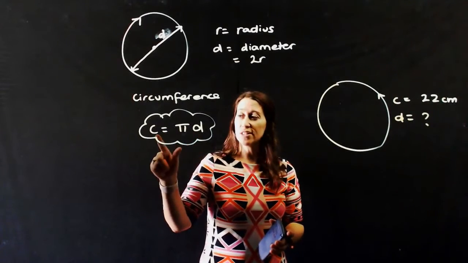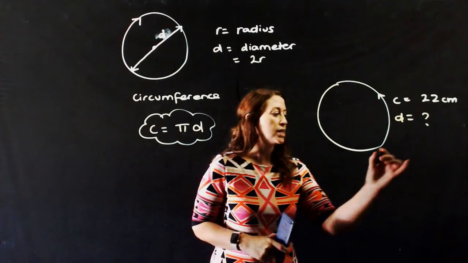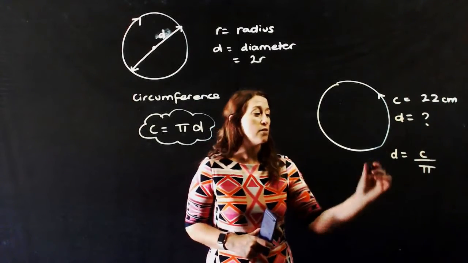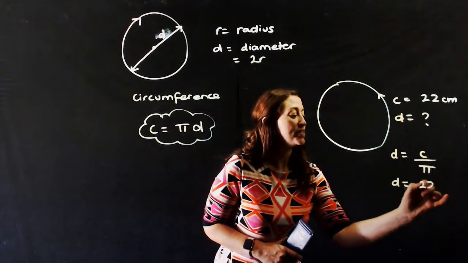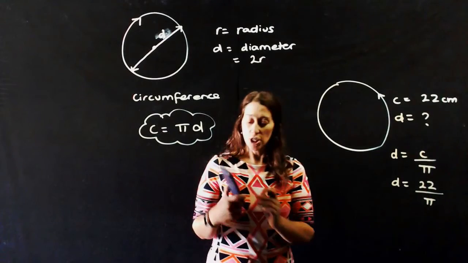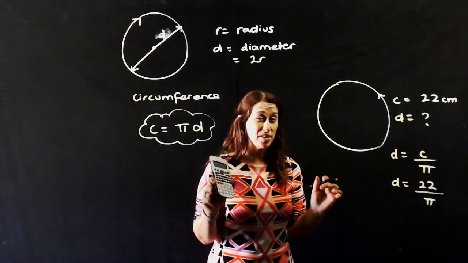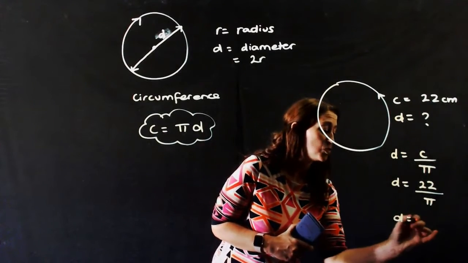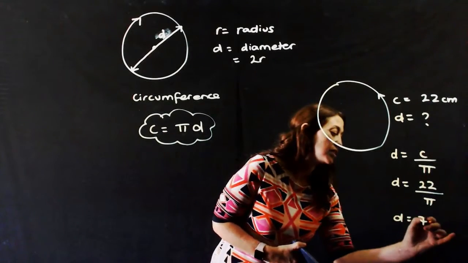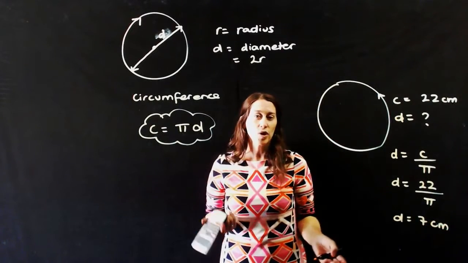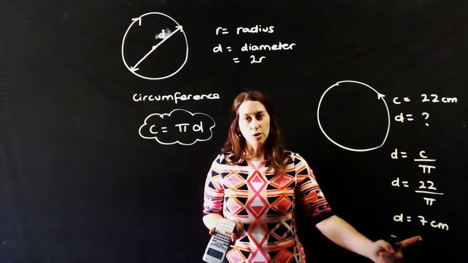So the diameter is circumference divided by pi. So substitute in the circumference into the formula, and I get 22 divided by pi. Using my calculator, I get, correct to 1 decimal place, 7.0, so it's actually just 7 centimetres for the diameter. If I needed to go and work the radius out, I would half that number.